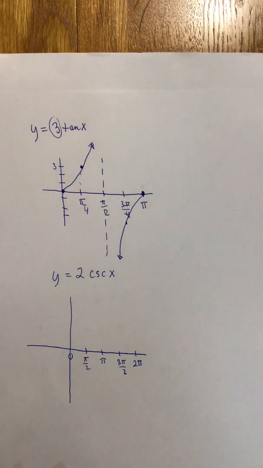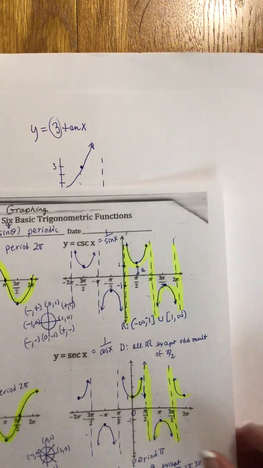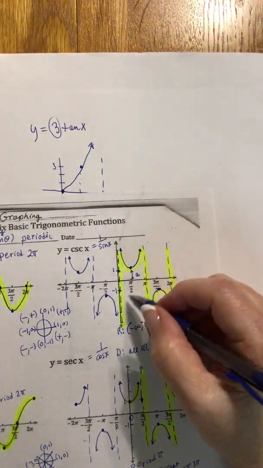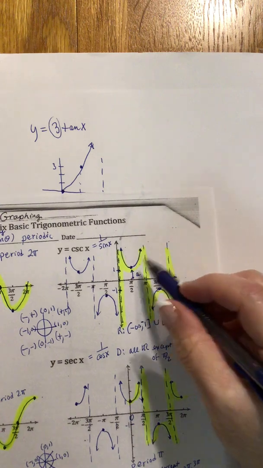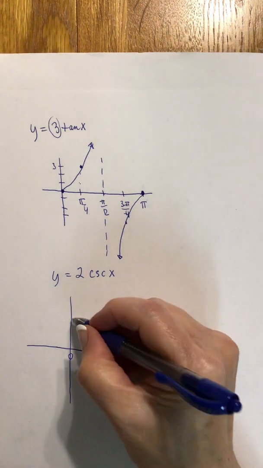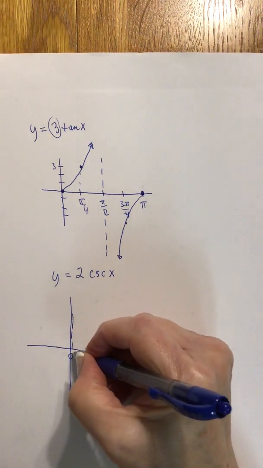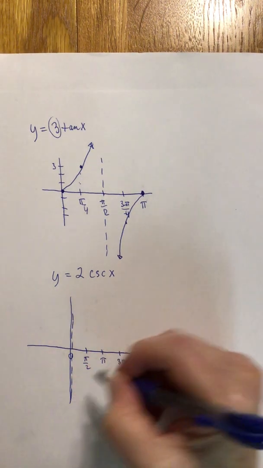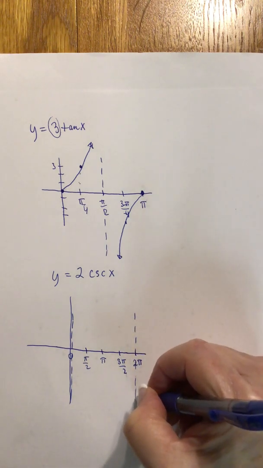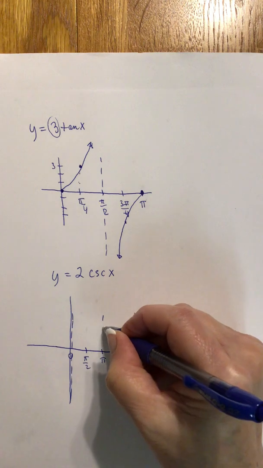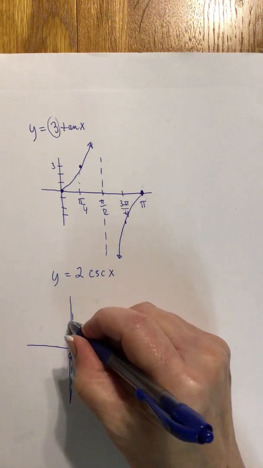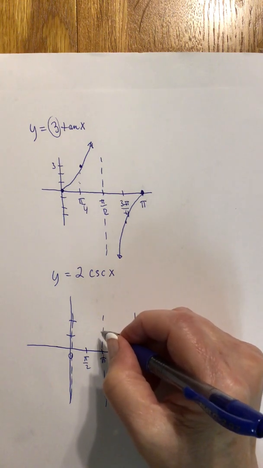So again, my basic cosecant function graph is this up, asymptote, down thing. So we've got the asymptotes on here and the u's on there. So we're going to start with an asymptote, just like our basic graph. We're going to end with an asymptote, just like our basic graph. We're going to have one in the middle. Now, normally we'd go up to 1, but now we're going to go up to 2.